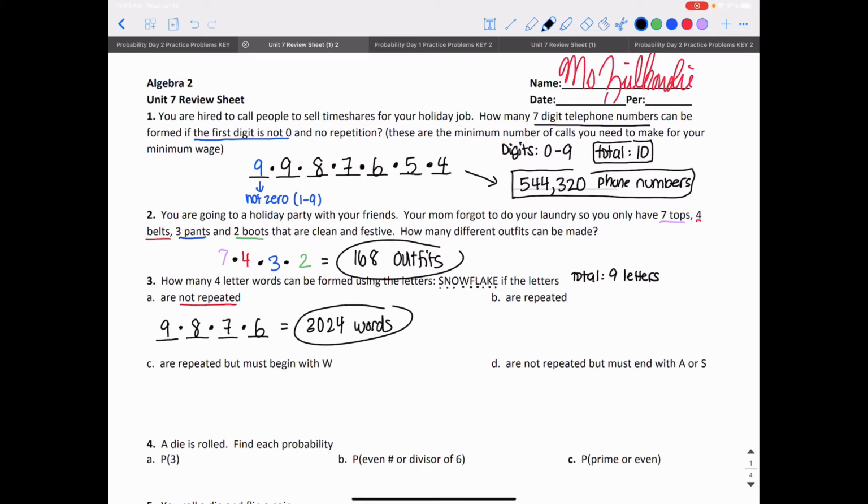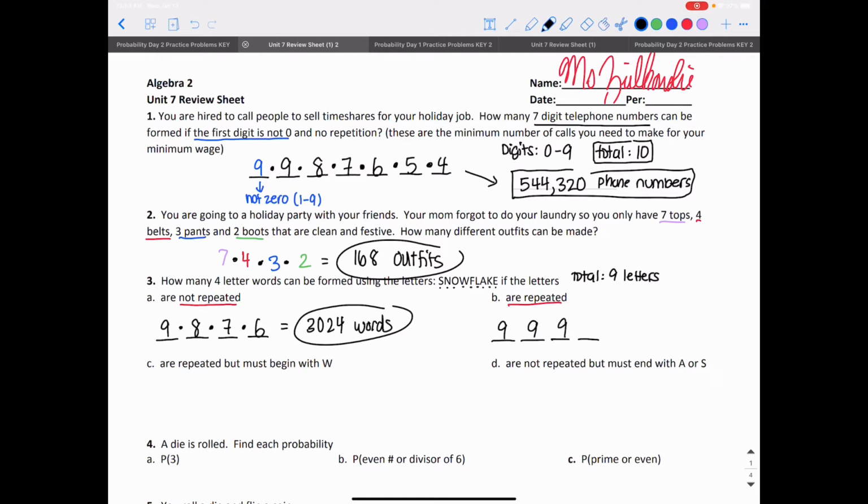For B, if the letters are allowed to be repeated, I want to see how does that change it. I have still 4 spaces in that word, or 4 letters in that word. For the first letter, I have 9 options. For the second letter, it doesn't matter what I chose for the first letter, I could choose it again, so I have 9 options.